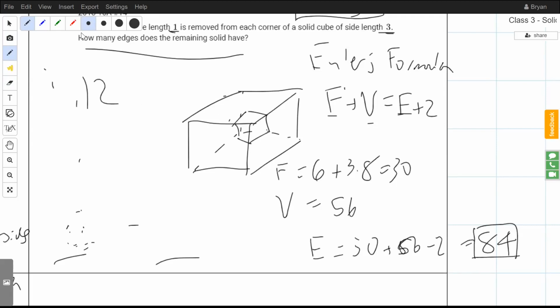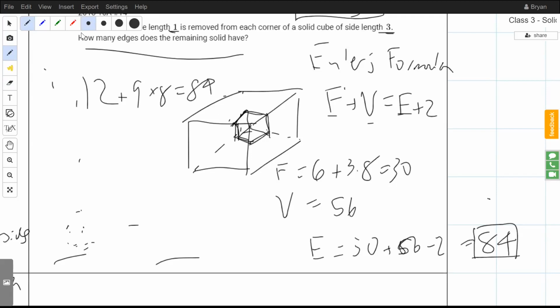Currently there are 12 edges in this cube. So for each vertex cube that we remove, we add 1, 2, 3, 4, 5, 6, 7, 8, 9 edges. So 12 plus 9 times 8 is going to be 84 as well.